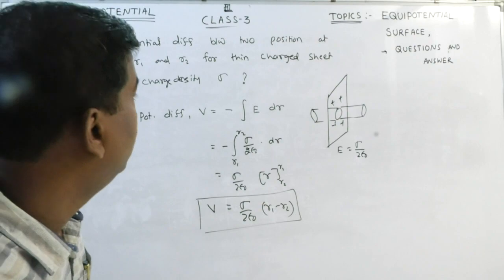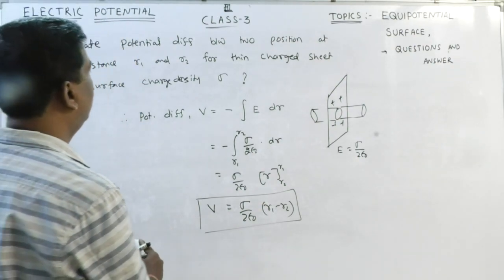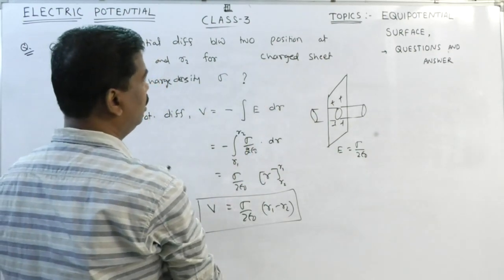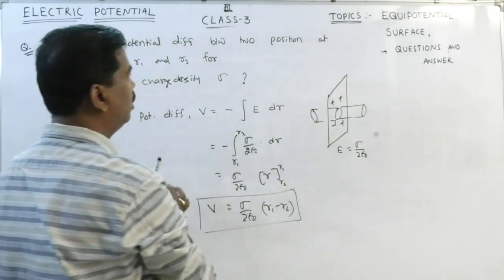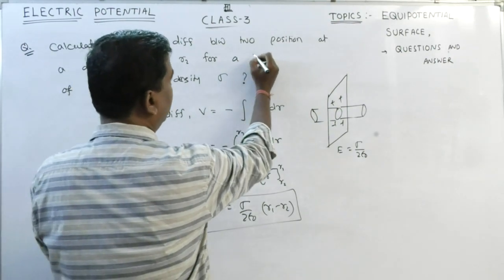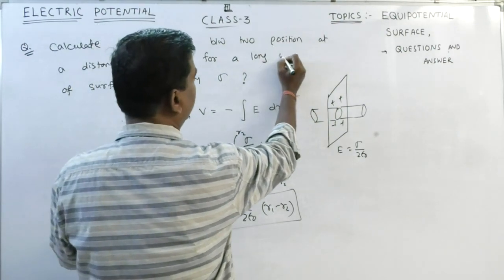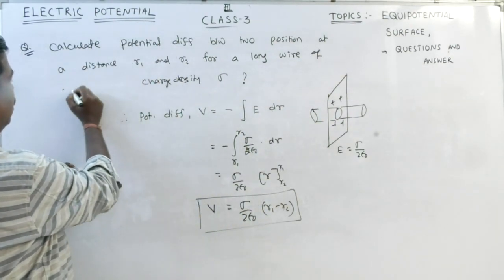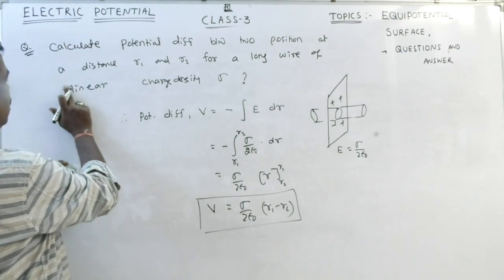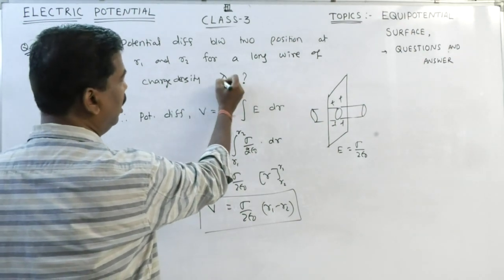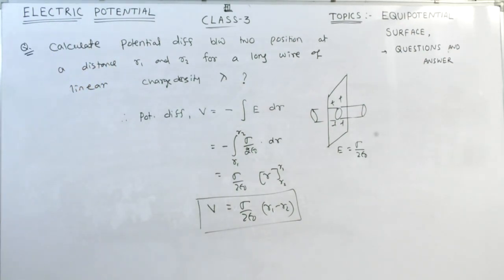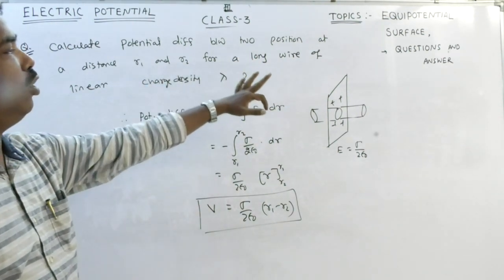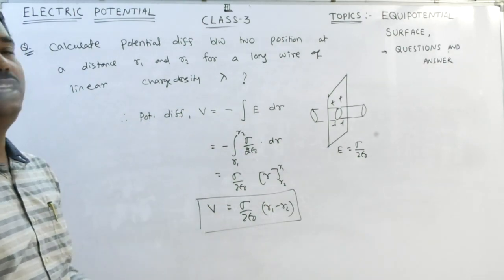Similarly we can find the electric potential for a long wire of linear charge density lambda. Listen to me. Calculate the potential difference between the two points at distance r1 and r2 for a long wire of linear charge density lambda.